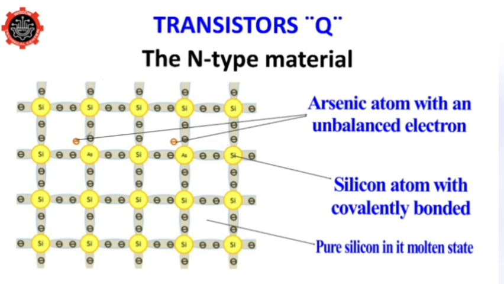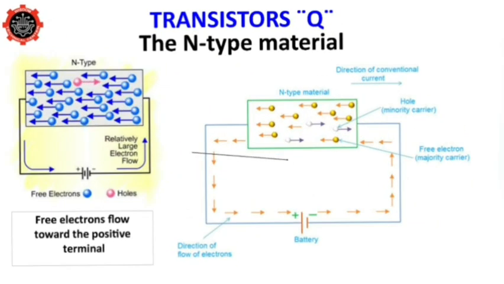In doing so, we have just created what is known as the N-type material. The N-type material has plenty more electrons than holes. Why? Because arsenic is a pentavalent material. That is why the negative charge is the majority carrier.